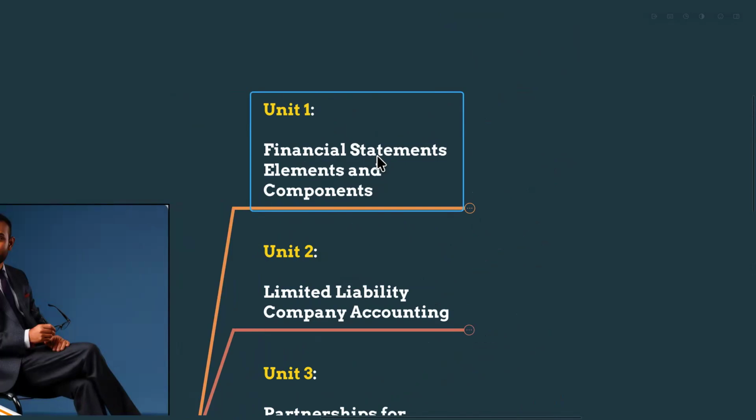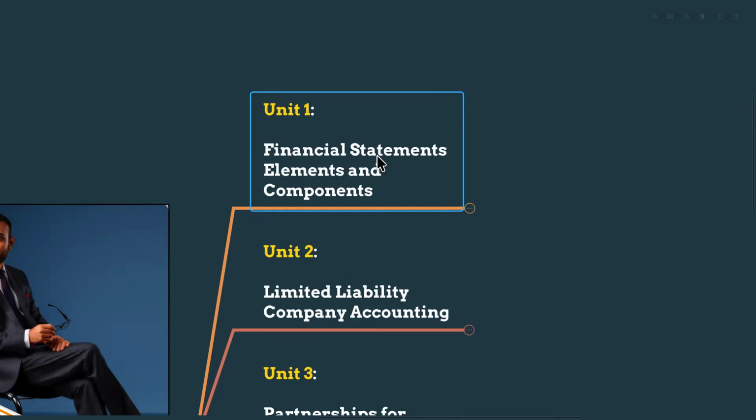As you are aware from your first level financial accounting, we are creating some statements. Every business creates them to show how much money they have, how much money they owe to other people, and how well they are performing. There are different statements for different purposes. So that is financial statements.